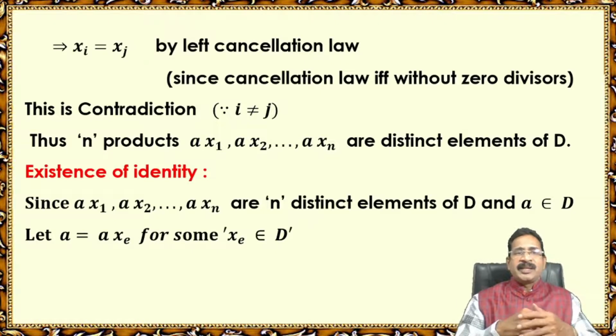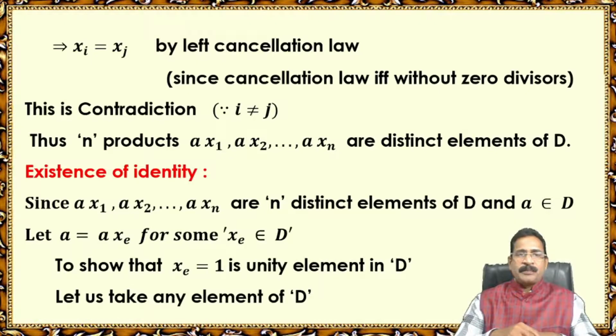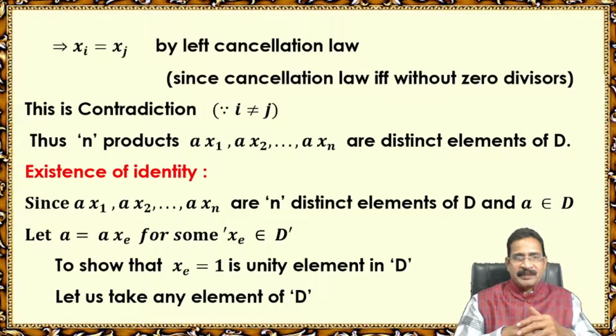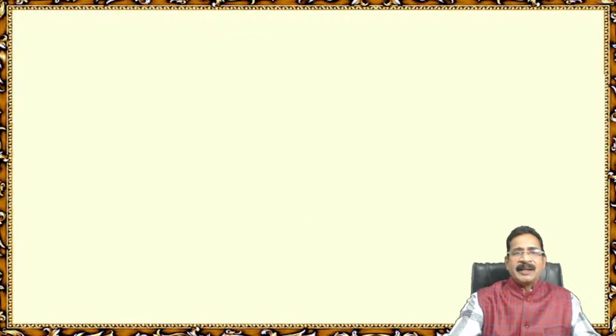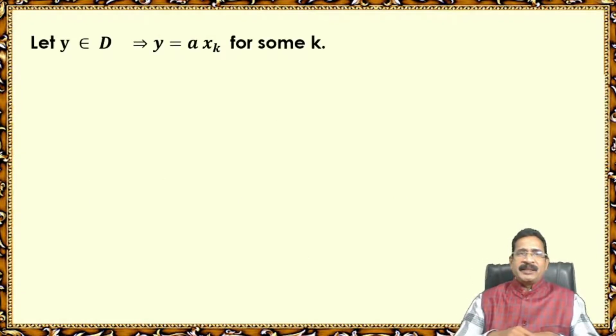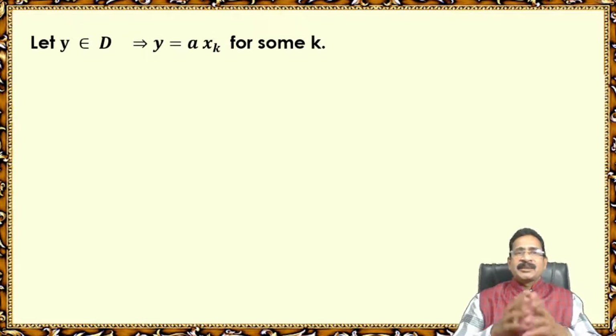Let A be equal to Axi for some xi belongs to D. Our claim is to show that xi is equal to 1, that is the unity element in D. So let us take any element in D. Let it be Y. Means Y has the property that Y is A into xk for some k.